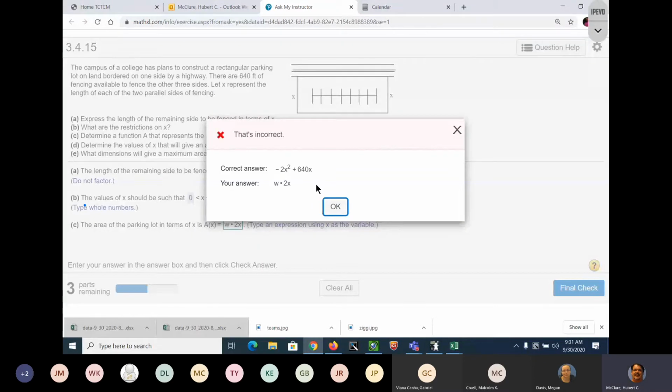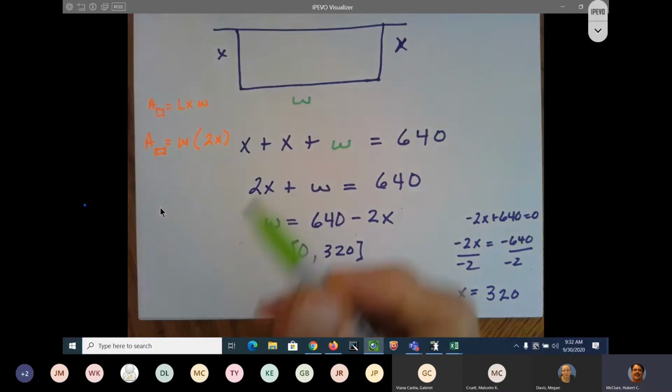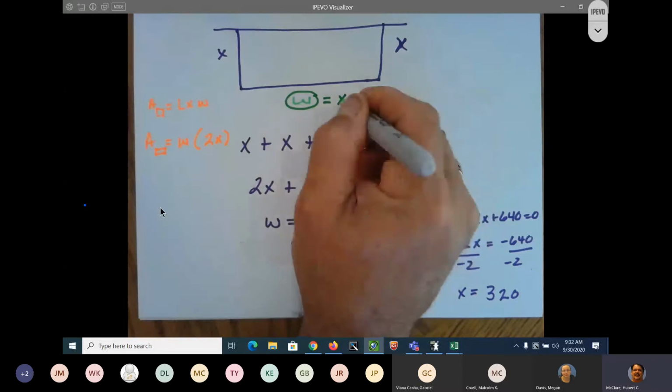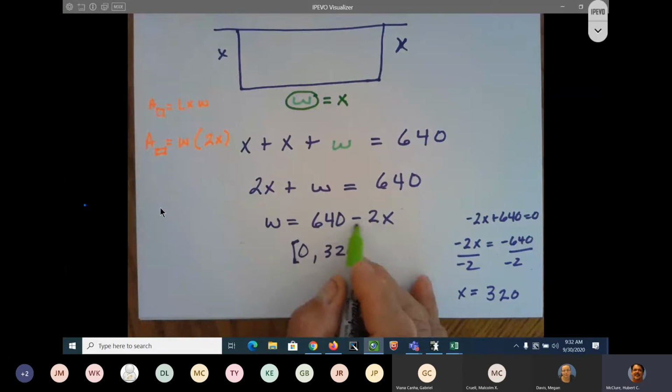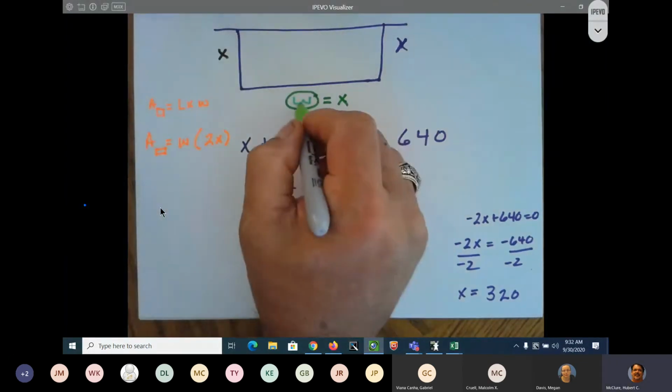Okay, they must have multiplied. I'm trying to figure out what they multiplied. Oh, they called this x. I know what they did. See where I got the W? They took the width here and named this x, and they multiplied 640 minus 2x times x. This is W right here.